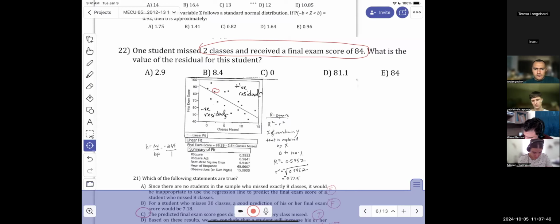So how do we calculate a residual? The residual is calculated as the distance from the observation to the line. How do I know the values on the line? I use the equation. So let's take the equation here.